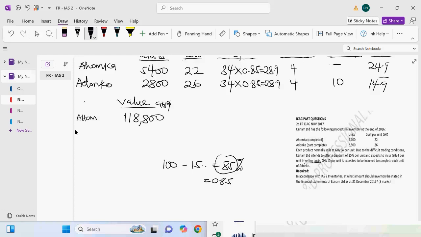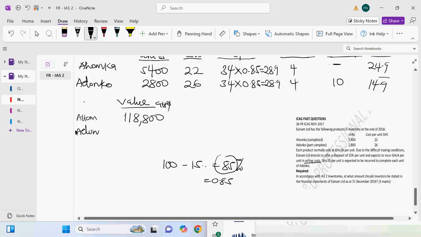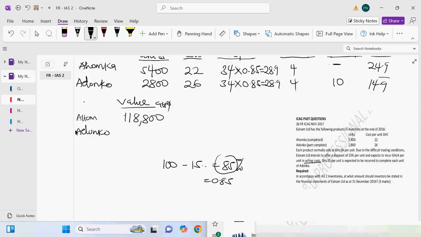And what of Adonko? We are choosing 14.9, yes, that is the lower, and multiplying by 2,800 gives 41,720.